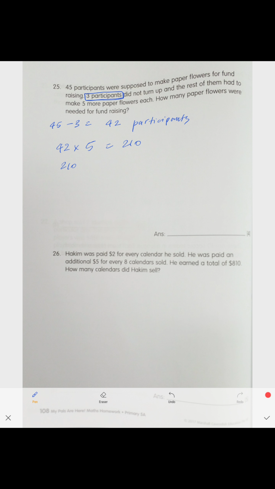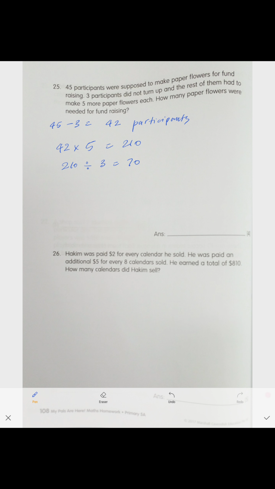In an ideal situation, if everything would be according to the plan, and these three people came, these 210 flowers, they would be made by them. So we divide it by 3, and it's going to be 70 flowers, right? Each of these 3 people should have made these 70 flowers, right?